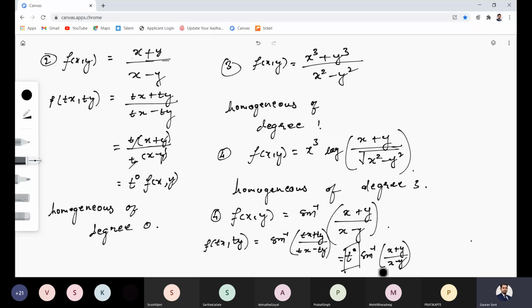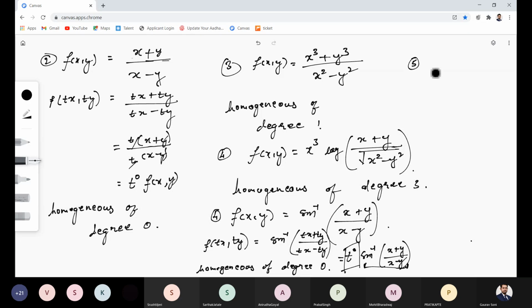So I can say that yes, it is homogeneous and degree is 0. Am I clear? What I want on the other side is f of xy once again, and I have to eliminate t completely throughout the equation. Homogeneous of degree 0.